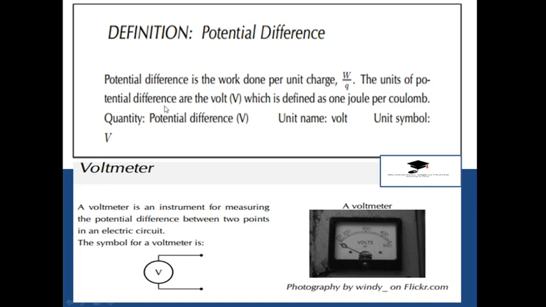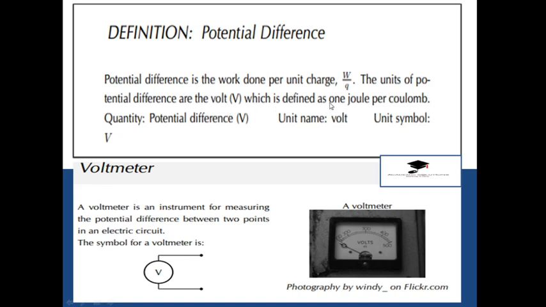If you look here, what I've written is that potential difference is the work done per unit charge, and it's expressed as W over Q, where W represents the work done and Q represents the charge. Now it has its unit, just like any quantity in physics. Its unit is volts.